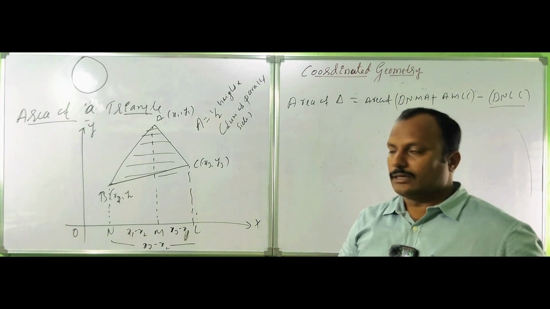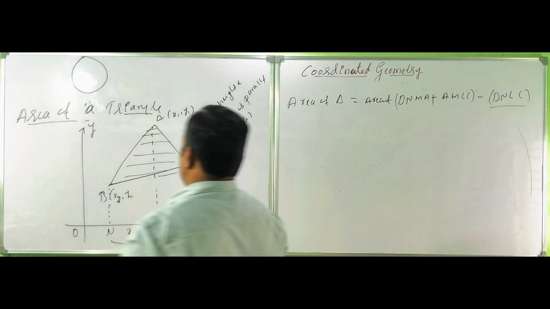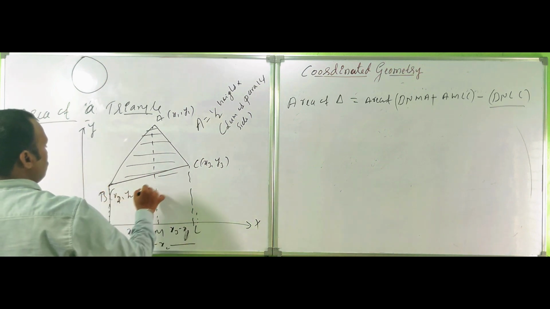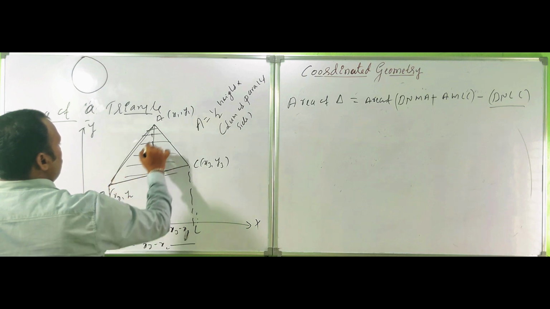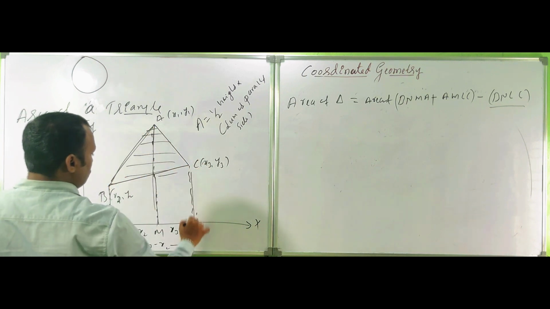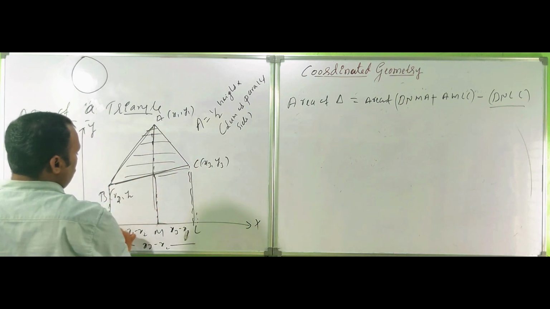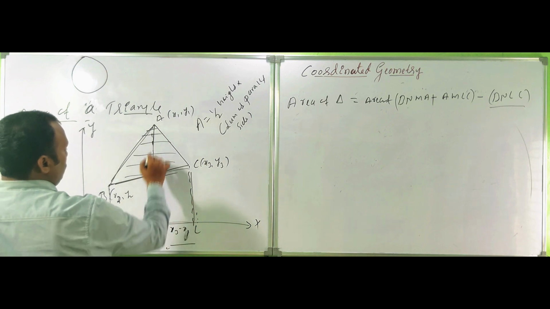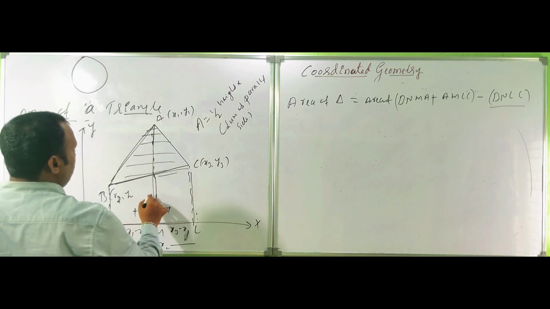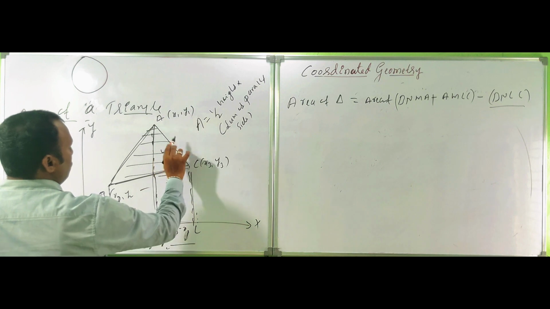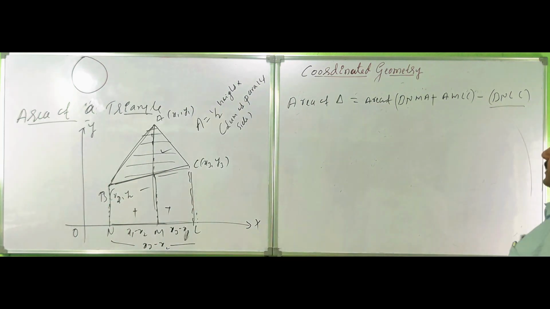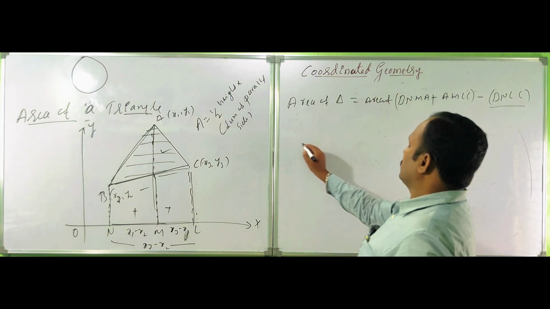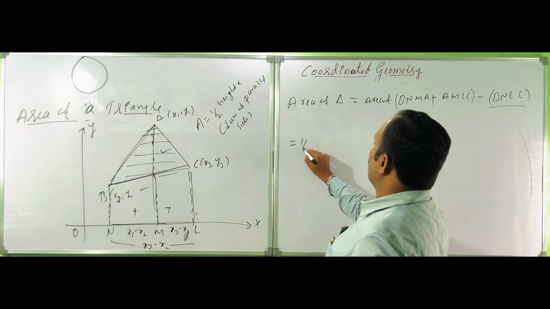Here in the triangle, there are three trapeziums. Adding this one and this one and taking the minus of this one, we will get the triangle. Just write the height. This becomes 1/2.